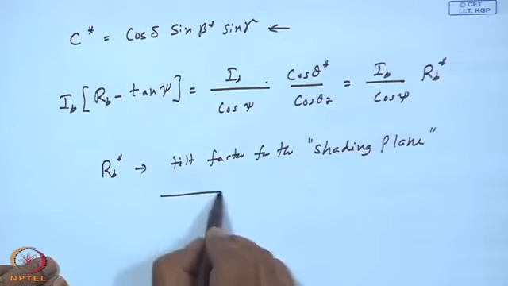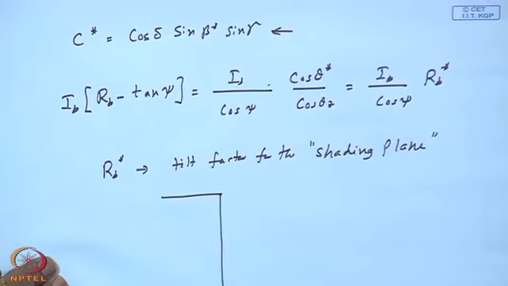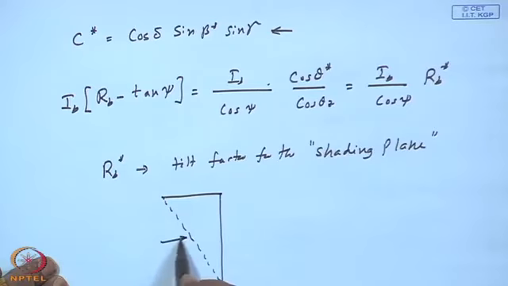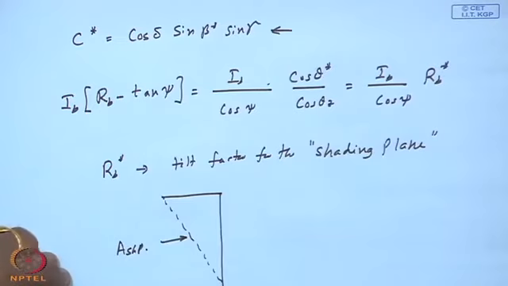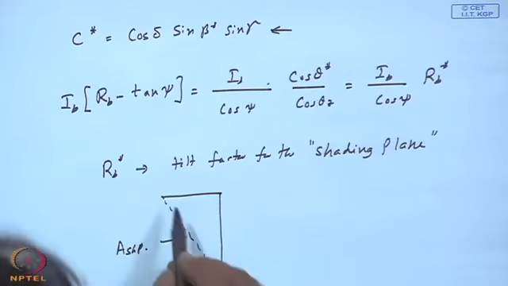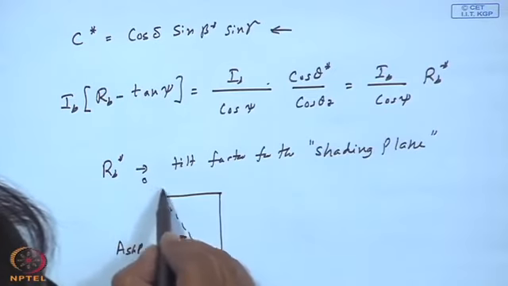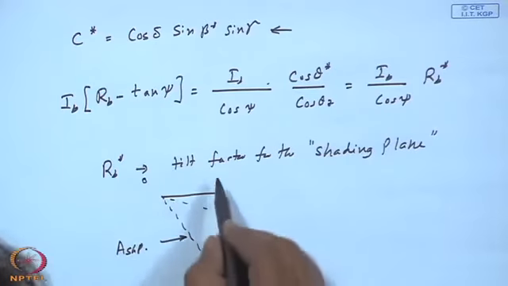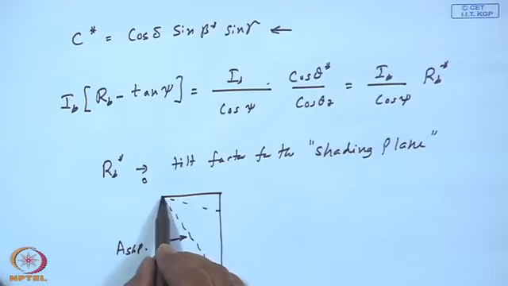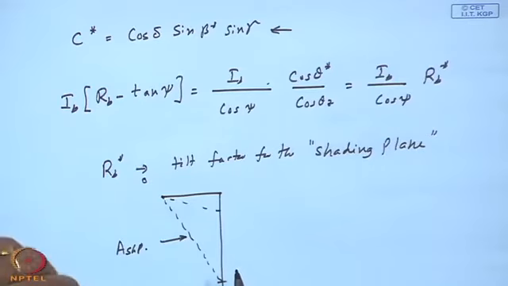If this is the overhang, this is the window, this will be the ASHP, the so called shading plane, right. It is not the sun's ray casting a shadow; just draw the tip of the projection to the base of the window, and you will get the shading plane.